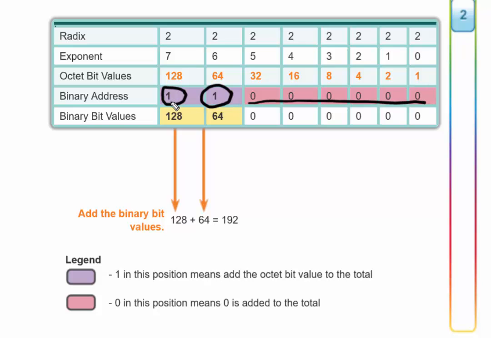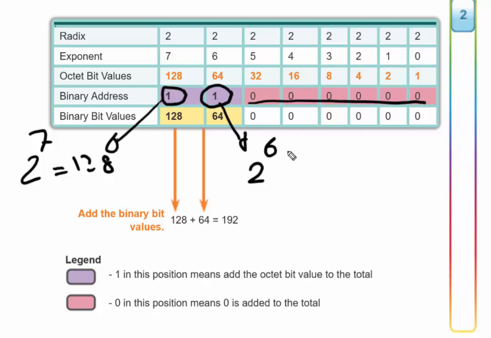This 1 corresponds to 2 to the power 7, or 128, and this one corresponds to 2 to the power 6, which is 64. So 128 plus 64 is 192. That's how we convert from decimal to binary.